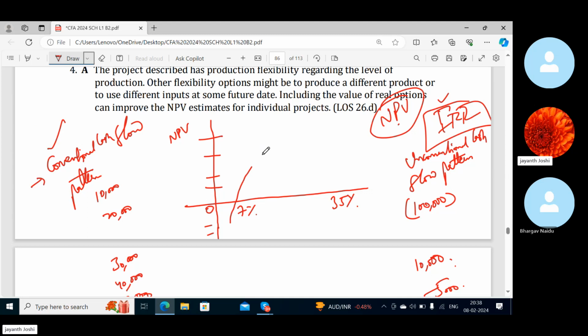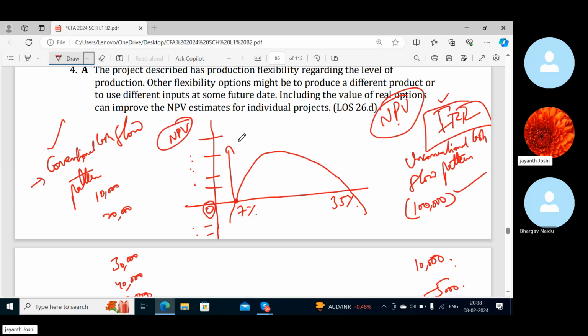Let's say this is the diagram I'm drawing. For this kind of project, you may have an IRR at 7%. This is NPV, right? This can be any value, 1 lakh, 2 lakh, 3 lakh, 4 lakh, negative 10,000, 20,000, anything. The cost of capital, which is 7%, at which your NPV is 0, is your IRR.